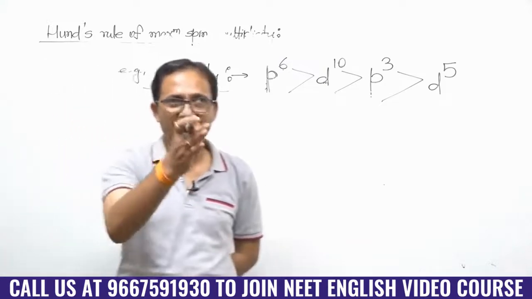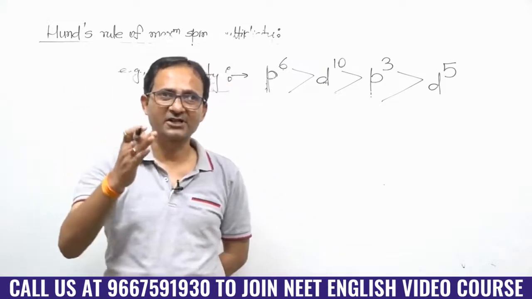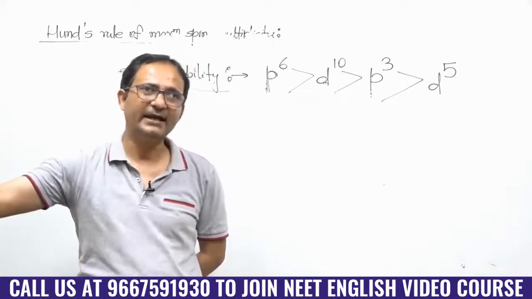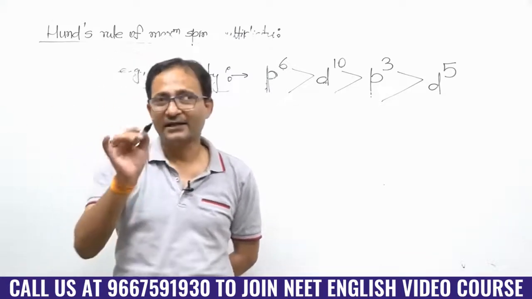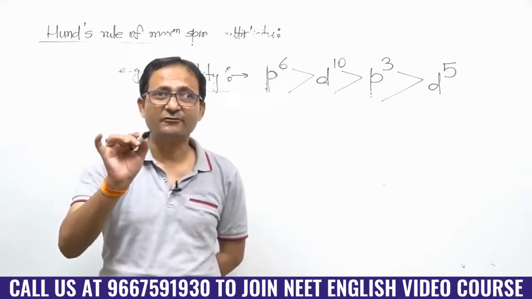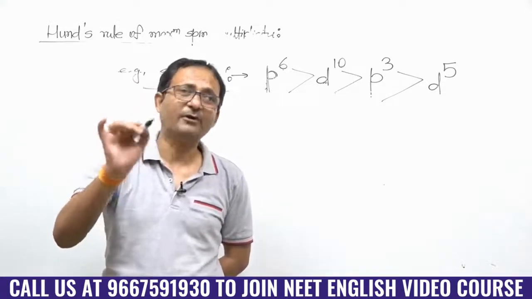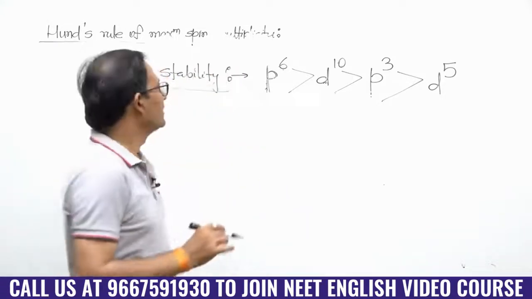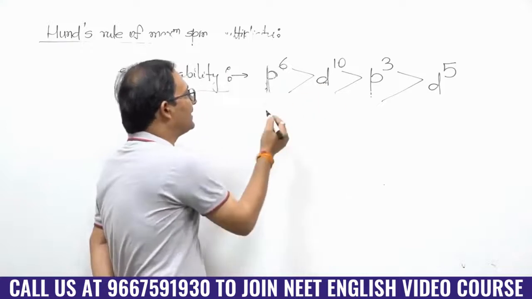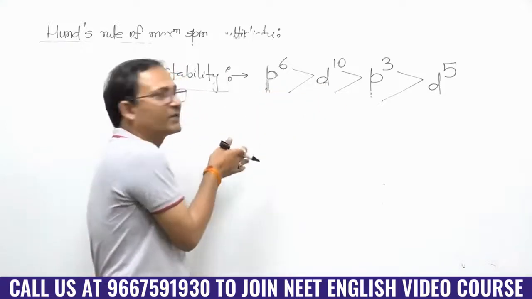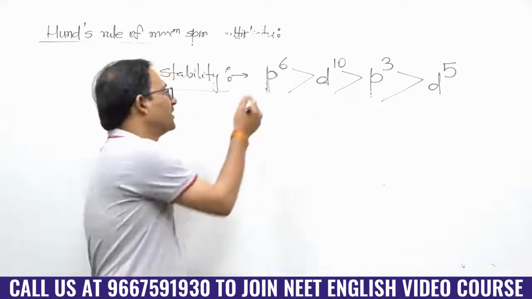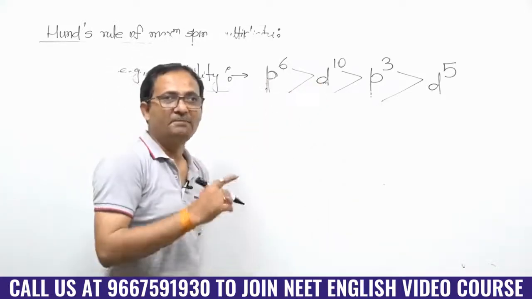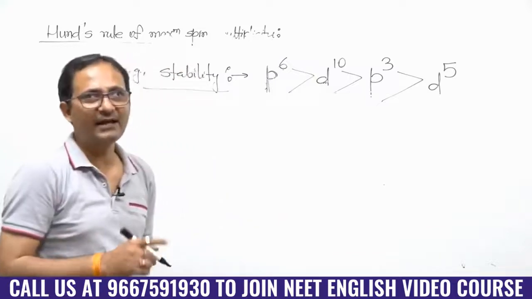Remember, in a shell, there is first the S subshell, after that P, then D, and then F. And that subshell will be more stable, will have lower energy, which is closer to the nucleus. Since out of P and D, P is closer to the nucleus than D, therefore P is more stable than D. So P6 will be more stable than D10.